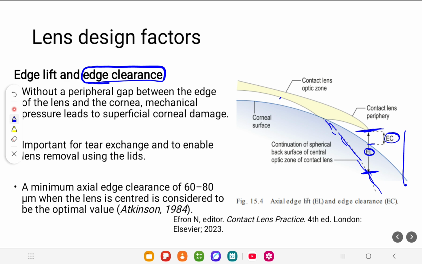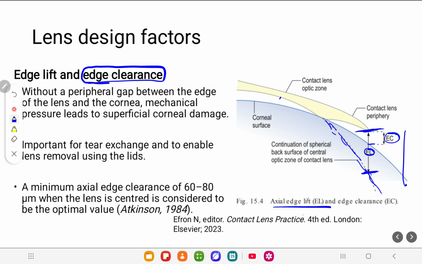If we measure the edge lift in a radial fashion, meaning along the radius, towards the center, where the optical center passes and there is the BOZR center, and we draw the line towards that center, that is radial edge lift. Currently, the picture shows axial edge lift.